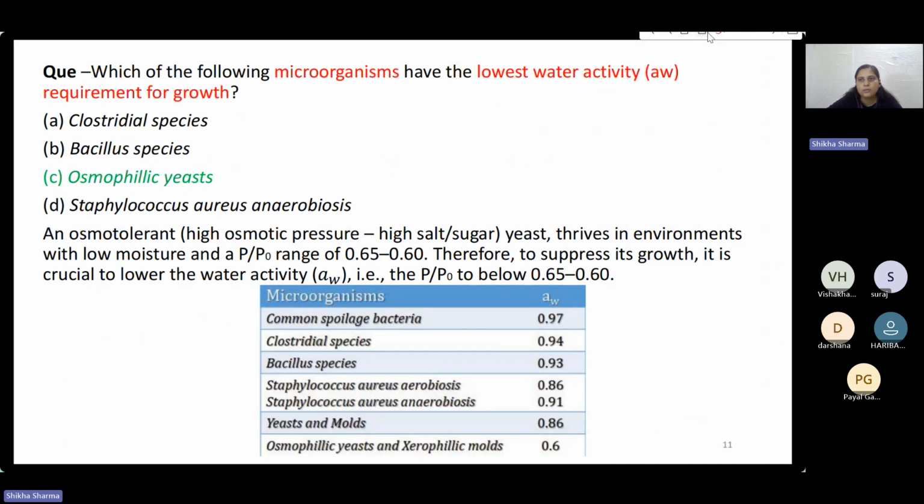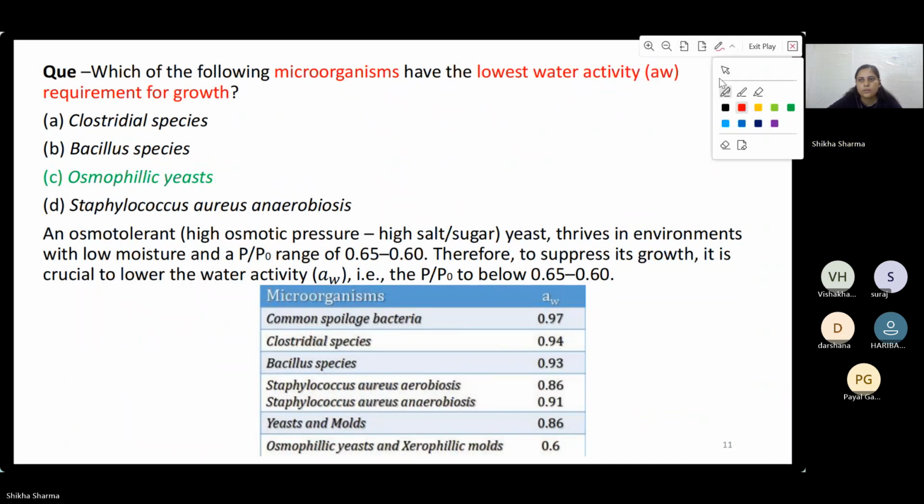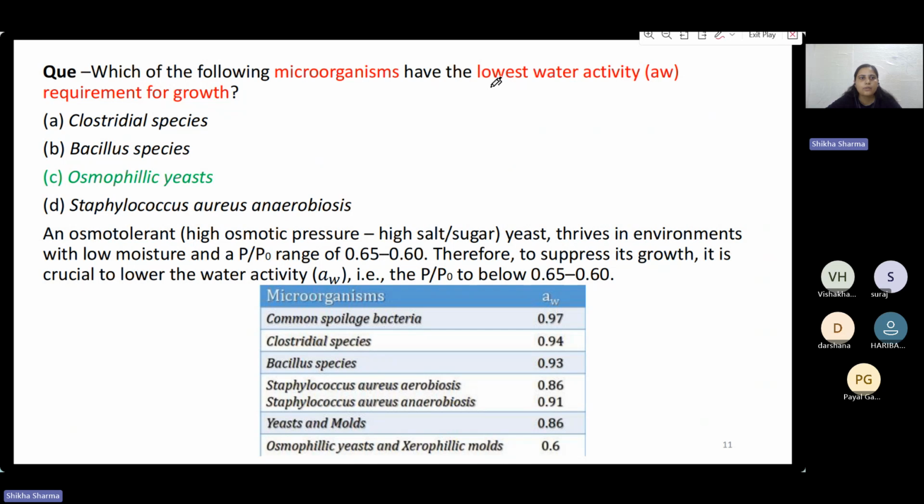Osmophilic yeasts can survive in the low water activity range. Basically, osmophilic means they can grow in high osmotic pressure, or they can be known as osmotolerant.